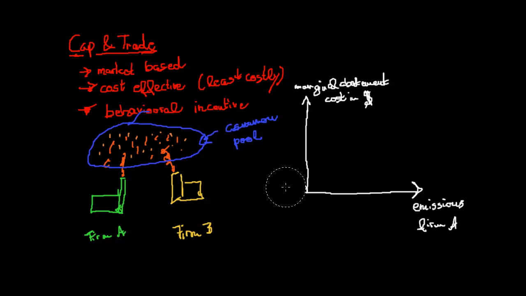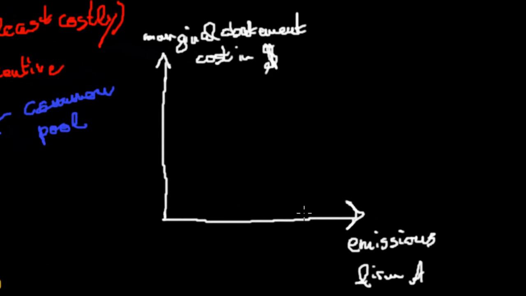Without any kind of regulation, the firm A is going to pollute, because pollution is a side product of its original output.